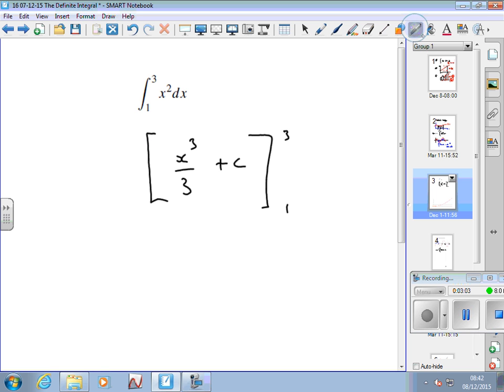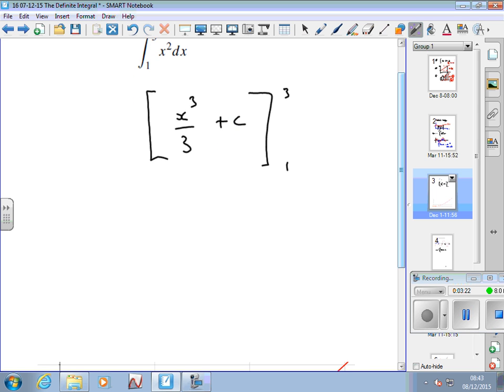We will find when we finish this problem that c disappears. So actually, for further problems, if you're doing a definite integral, you don't include the c, but I'm going to include it in this particular example so I can demonstrate why we ignore it. So there's our integral. Don't know what c is.